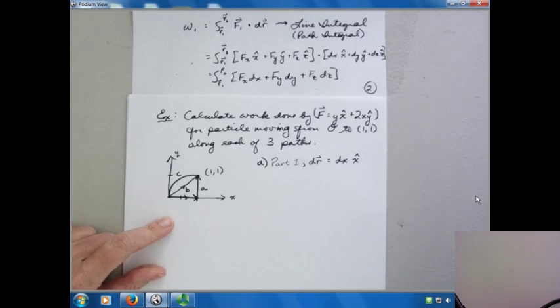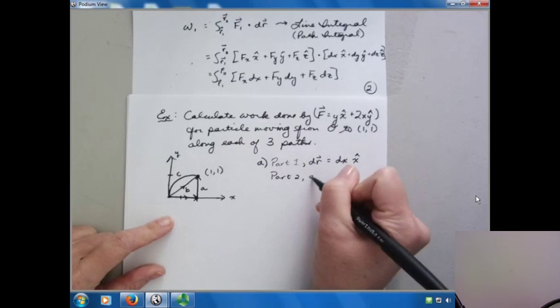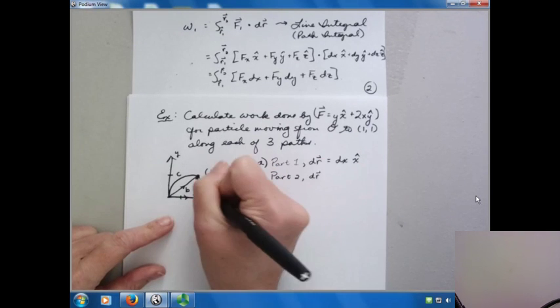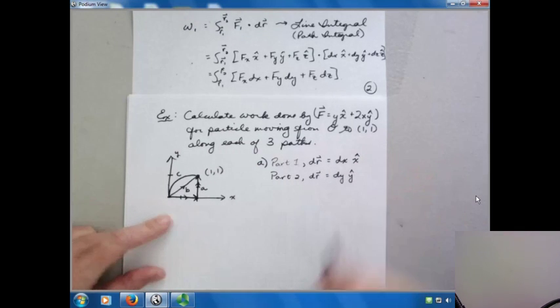And in part two, I'm going to have dr that is going to be a little increment like that. So it'll be dy in the y hat direction.